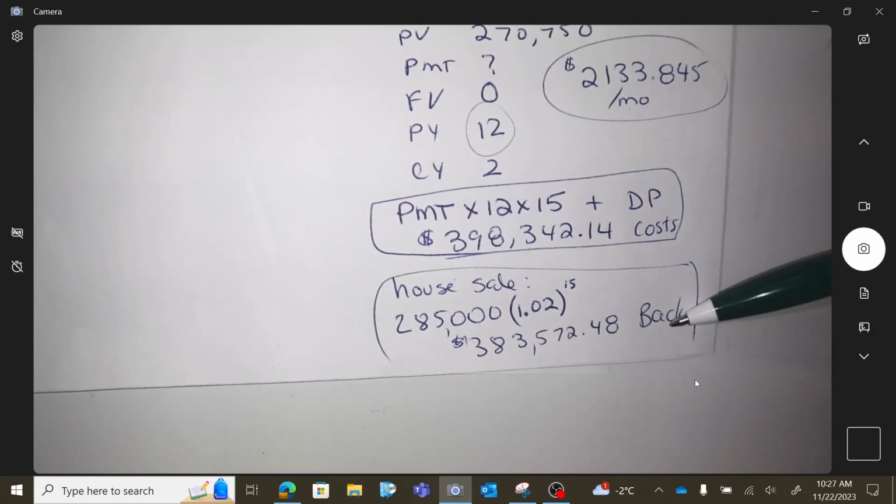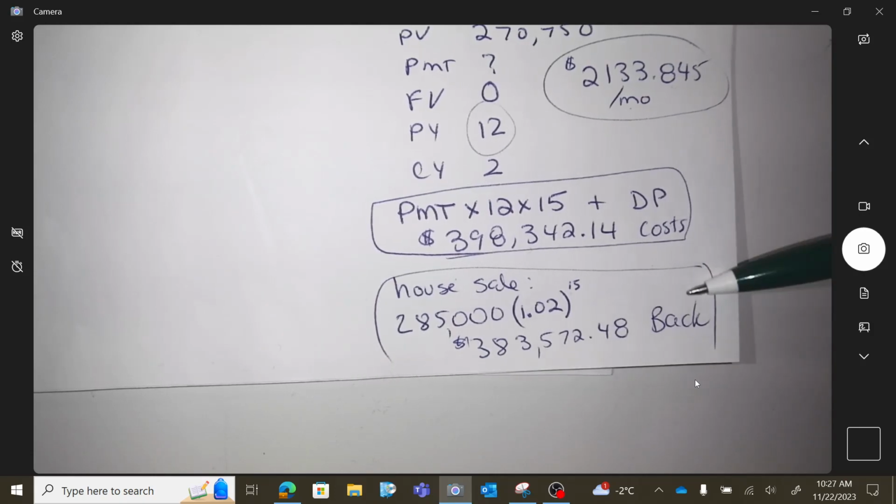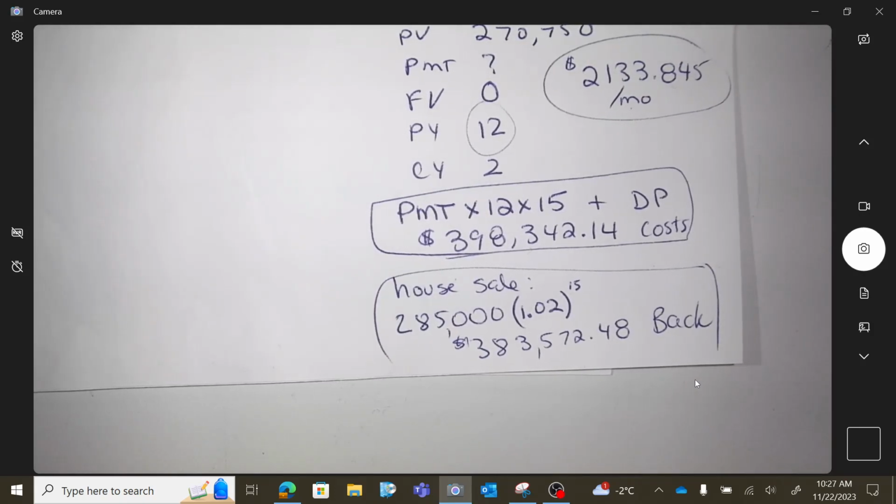So here we are. We spent this much, and then we got this much back in the end. So there is a cost, right? Because this is more than that. So how much did it cost? Can you subtract those numbers now?